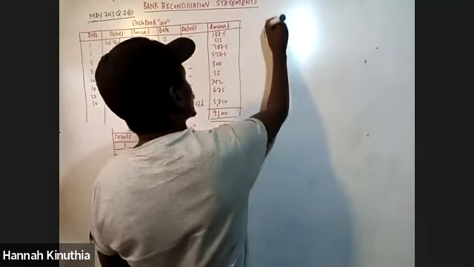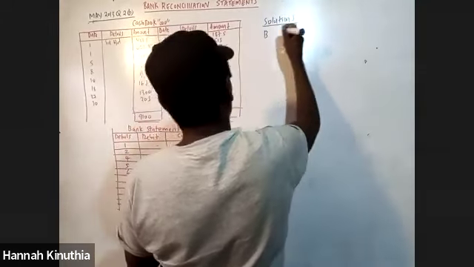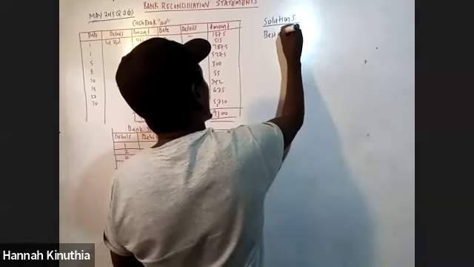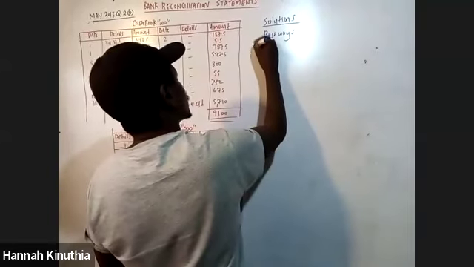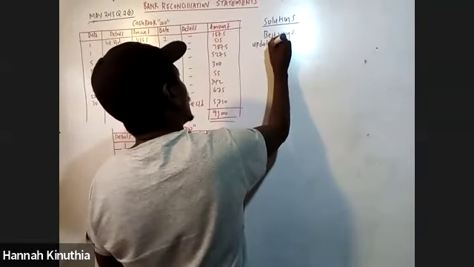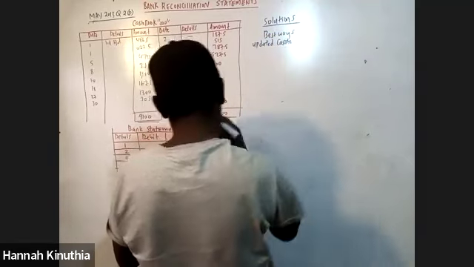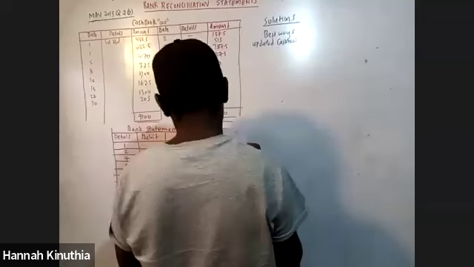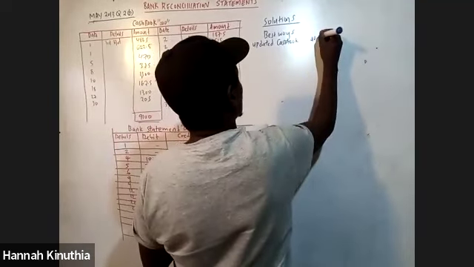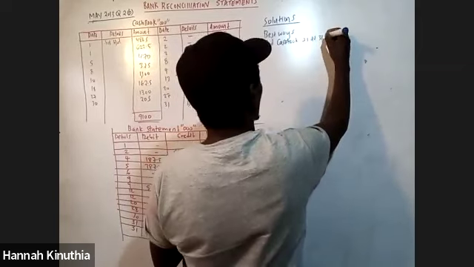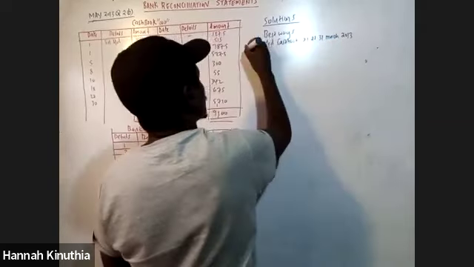Best Way. So this is the solution. Best Ways, updated cash book as at 31st March 2013.